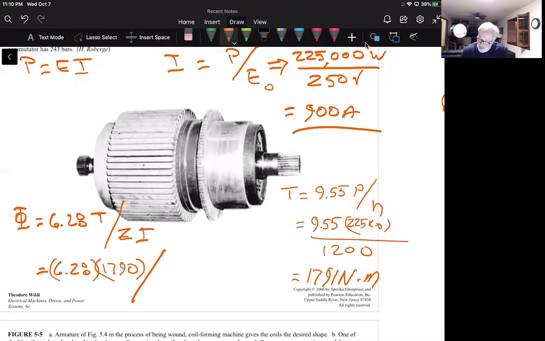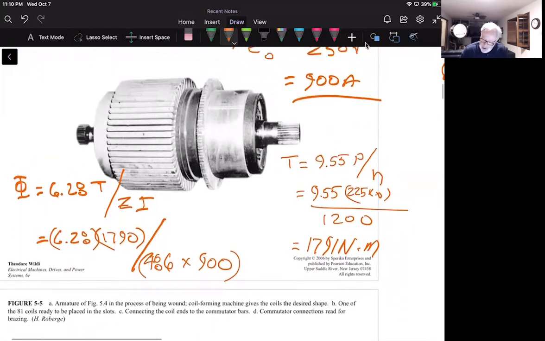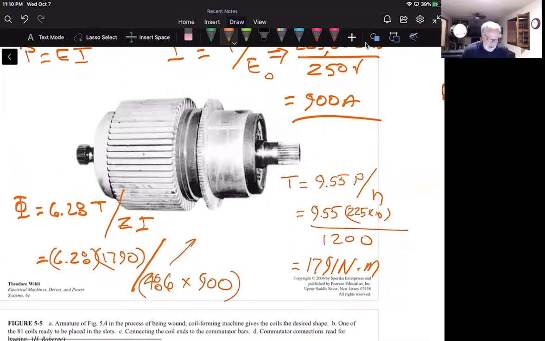Here's 1791, here's 1790, but anyway. The Z, the total number of conductors, is 486 that we just figured out. And then the current is 900, okay? So all of this divided out gives us our answer.